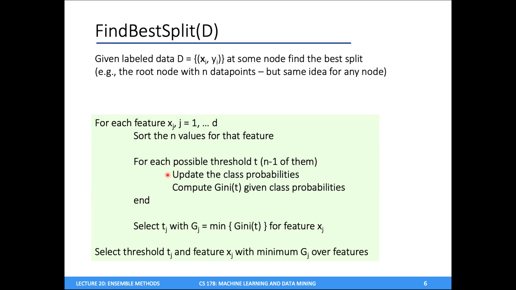We'll compute the class probabilities and the Gini scores, as we've seen how to do in the examples. And then whichever of these thresholds has the minimum Gini score, we'll set that to be the best threshold for this particular feature. Then at the end of the day, we find the threshold and the feature with the minimum Gini index. So again, we loop over all features and all thresholds.